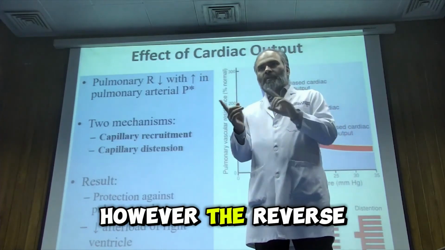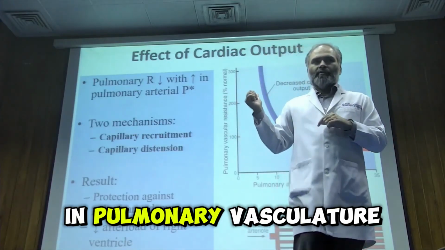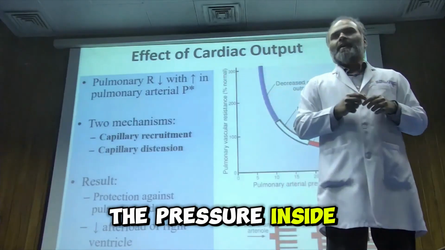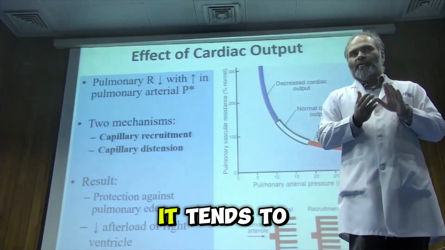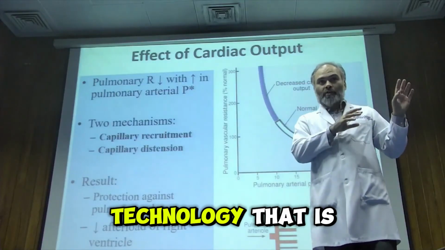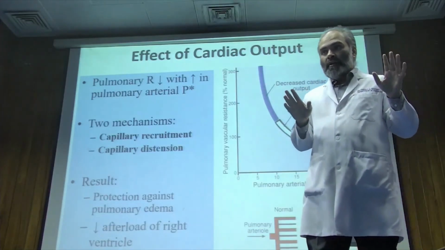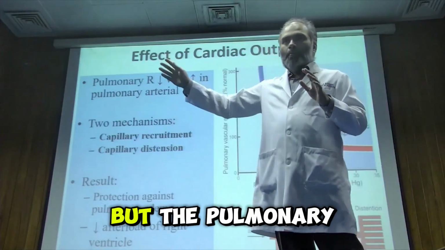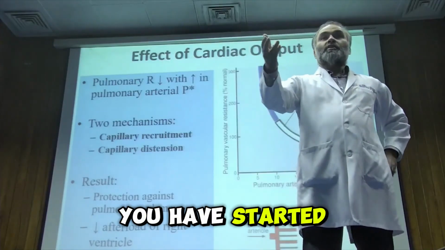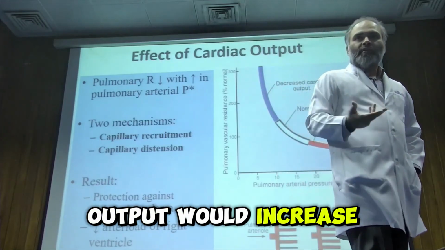However, the exact reverse happens in pulmonary vasculature. When you increase the pressure inside the pulmonary vasculature, it tends to dilate. It doesn't contract, it contracts elsewhere. But the pulmonary vessels, for example, when you start to exercise, the right cardiac output would increase, wouldn't it?